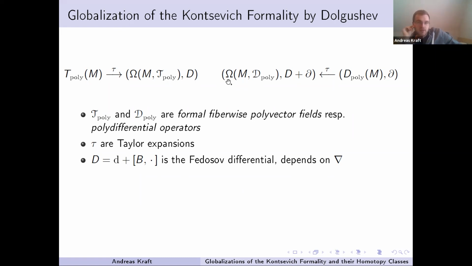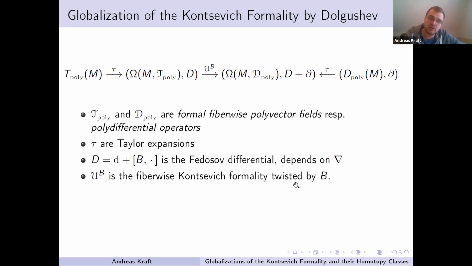And there one can show that one has some fiberwise Kontsevich formality here. And to make it compatible with the Fedosov differentials, one has to twist it by this element B. So if I have time, I will give you more details on this later. So just believe me that the Kontsevich formality is some quasi-isomorphism between them, an L-infinity quasi-isomorphism.